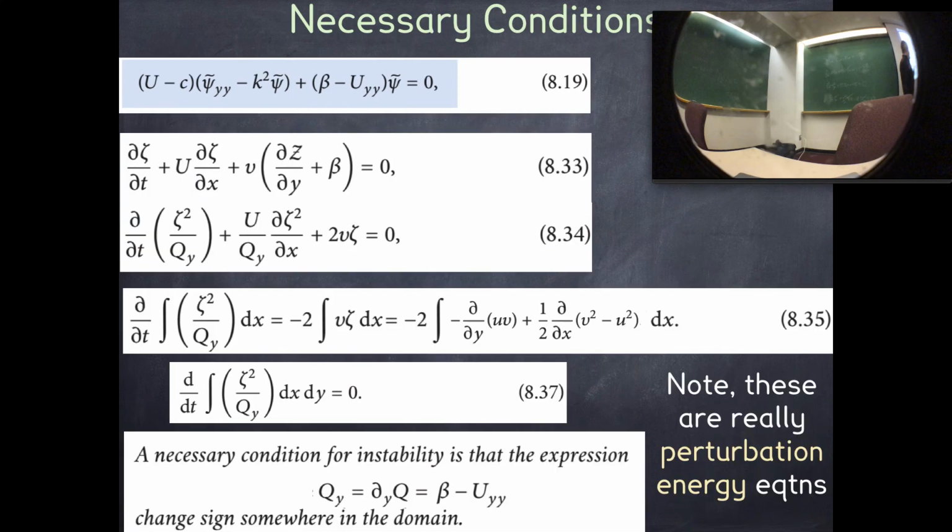But what I wanted to show you was this equation doesn't tell you much about what the instability will be, but you can actually form a constraint from it that tells you if it's going to be unstable, this has to be true.